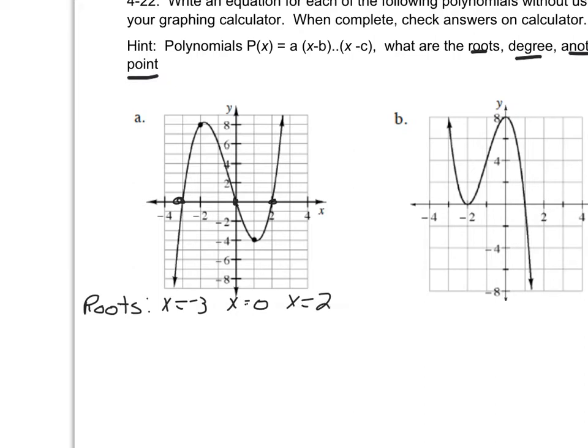That gives me the factors for my polynomial p of x as x plus 3, x, and x minus 2. My a value, let me rewrite this.